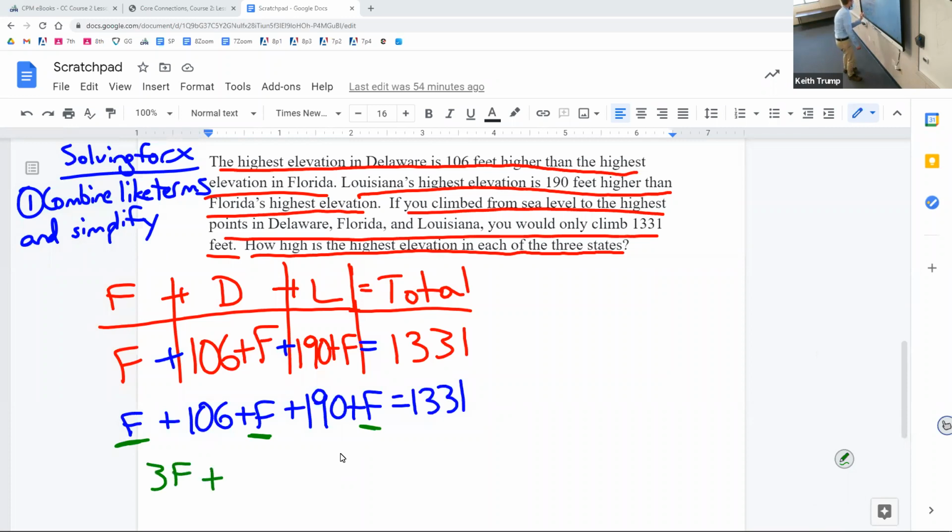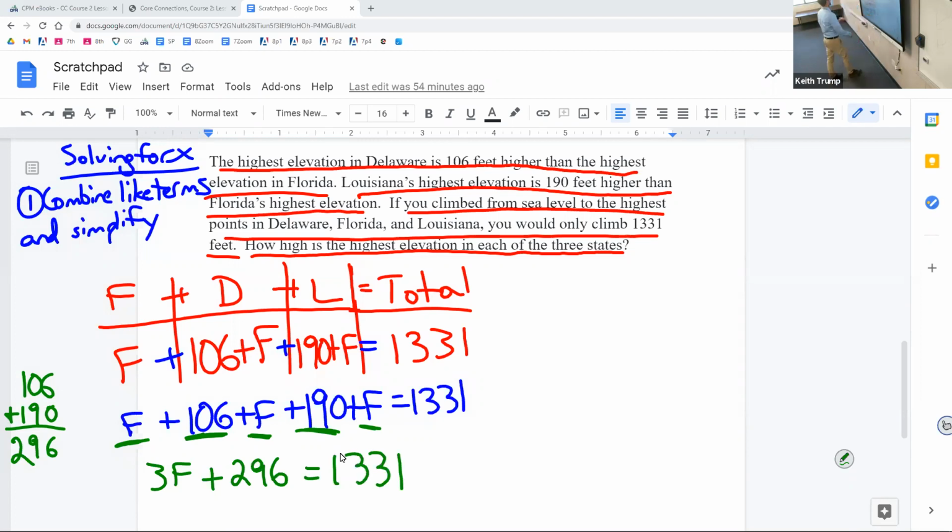And I also have like terms of 106 and 190. Those are called constants, or just kind of regular numbers. They are constantly that value. And we can combine those like terms together. Let's go ahead and do 106 plus 190. I always show my work to be careful. All right, so now we have combined like terms and simplified. That step is done. And we have 3F plus 296 equals 1331.